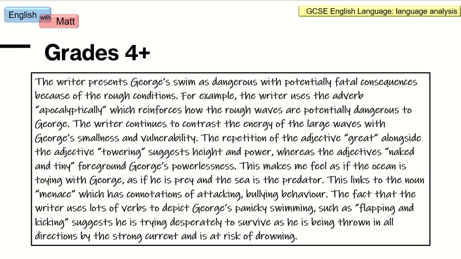This links to the noun menace, which has connotations of attacking, bullying behaviour. The fact that the writer uses lots of verbs to depict George's panicky swimming, such as flapping and kicking, suggests he is trying desperately to survive, as he is being thrown in all directions by the strong current and is at risk of drowning. Much more confident, much more precise reference to the text.